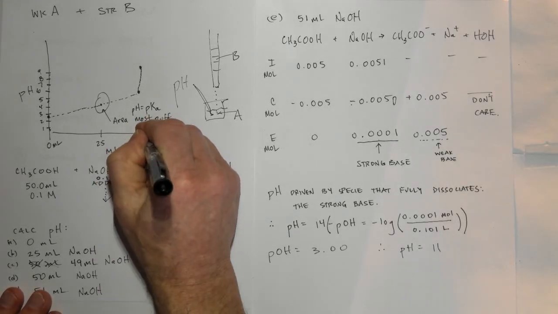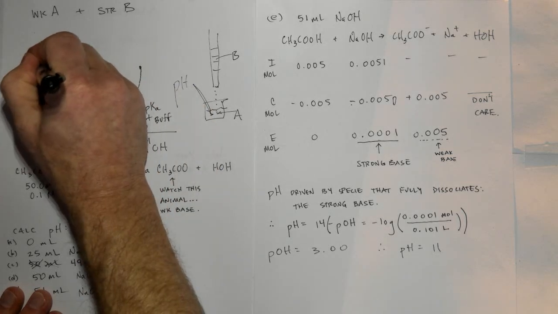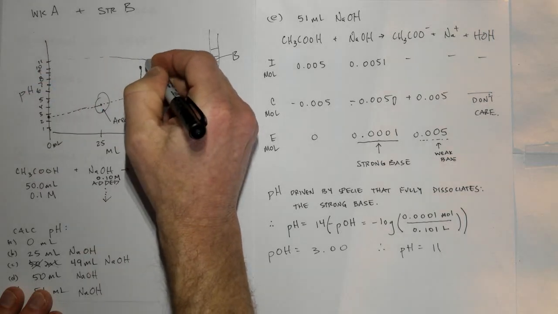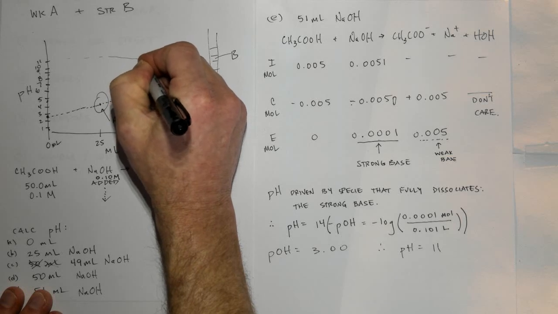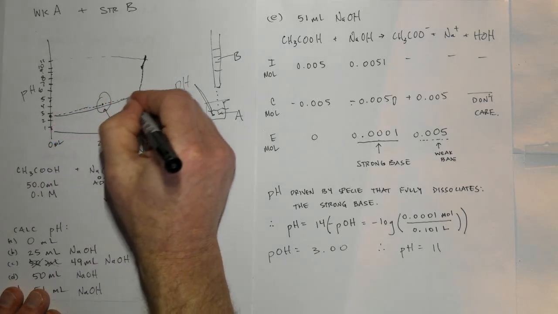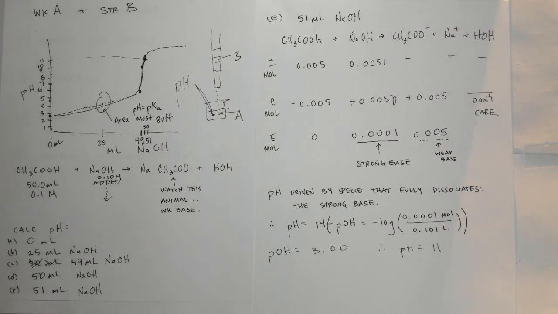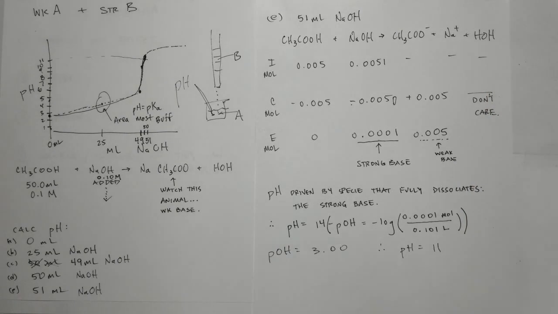So at 51 milliliters, just 1 milliliter more, now I've gone to 11 for my pH, so I'm way up here, or a little bit higher than that even. And so you can see that my curve has gone dramatically up here, and then it will eventually flatten out right here, because I'll have nothing but this NaOH left, and that'll just go up to a pH of 12 or 13 at the very highest.